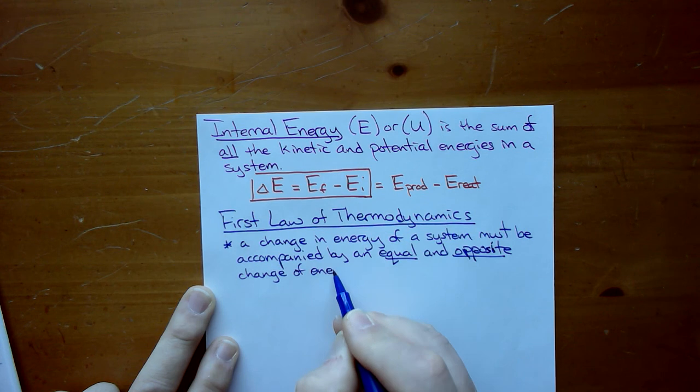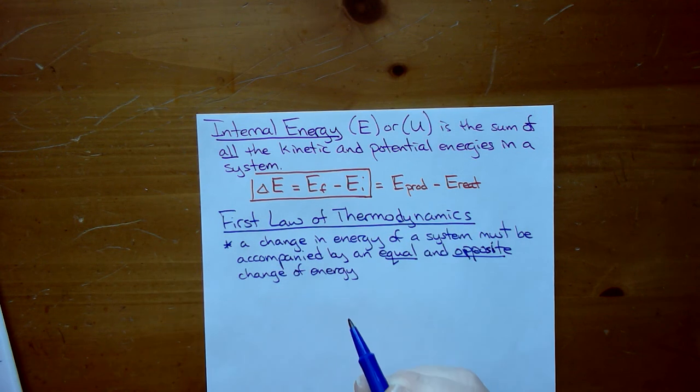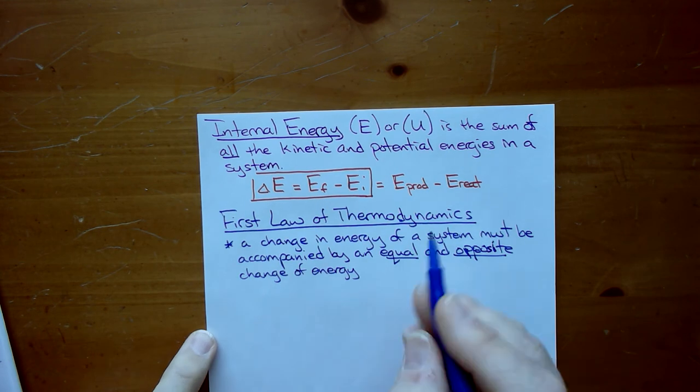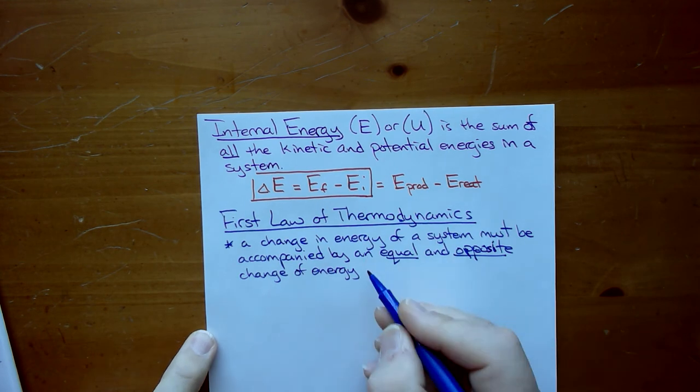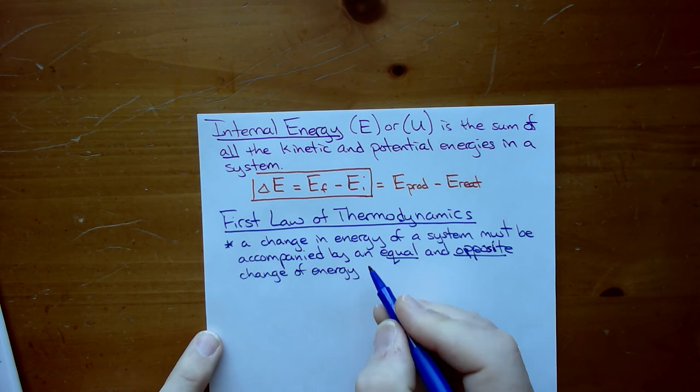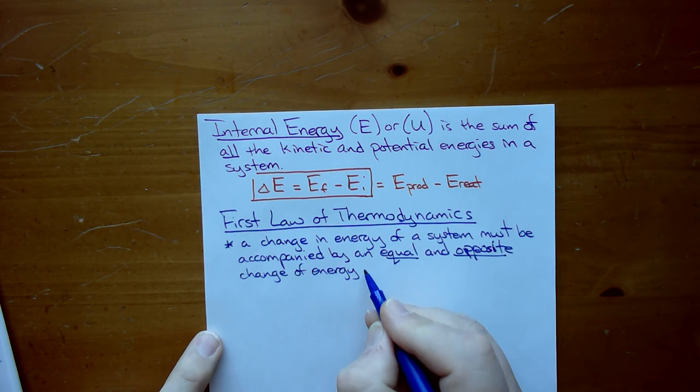Because energy cannot be created or destroyed, it just goes from one form to another. So there's got to be an equal and opposite change in energy of the surroundings as there was lost in the system.